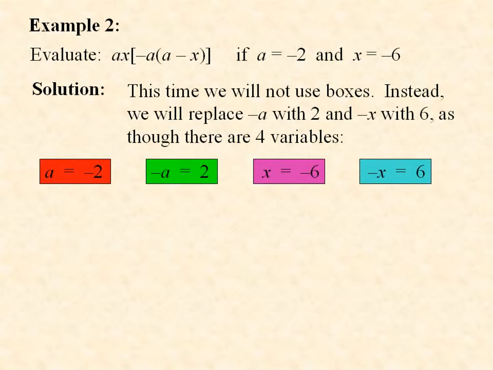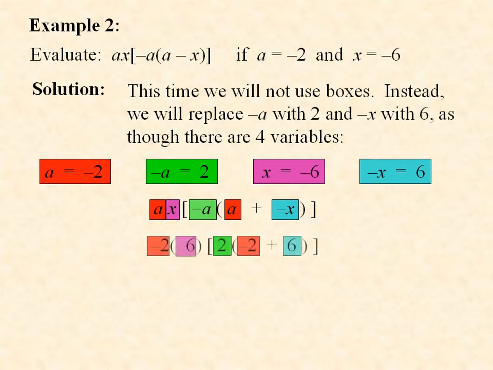So we have a is -2, the opposite of a is 2, x is -6, and the opposite of x is +6. So we will replace each variable with the corresponding value. A is replaced with -2, x with -6, opposite of a with +2, a with -2 again, and opposite of x with +6.